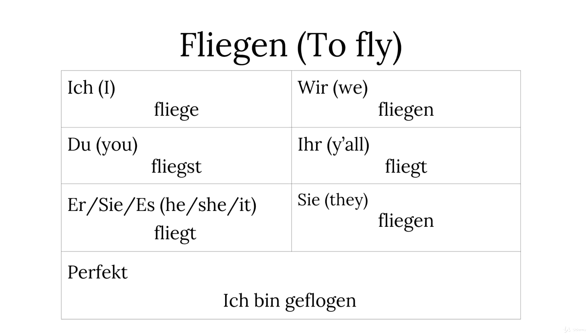For example, if you want to say, I flew yesterday, ich bin gestern geflogen. Gestern means yesterday. Ich bin gestern geflogen. Therefore, geflogen is at the end of the sentence. This is really important.